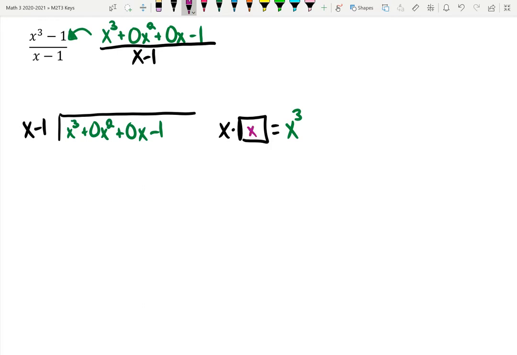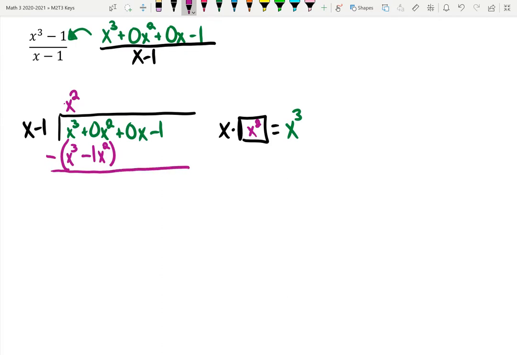Well, I need 2 more x's, so I need to distribute x squared to both terms. This is going to lead to x to the third minus 1x squared, and it's always being subtracted because it's long division.